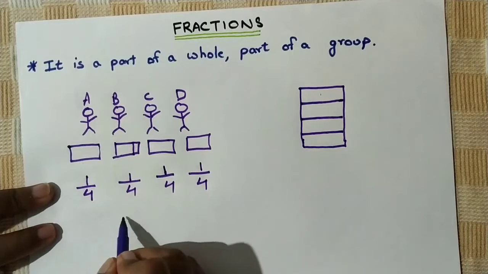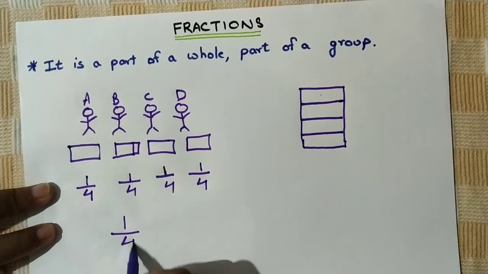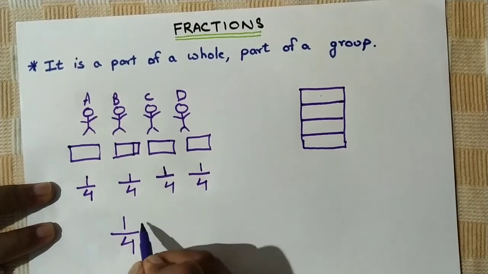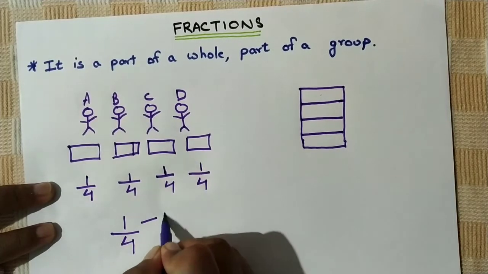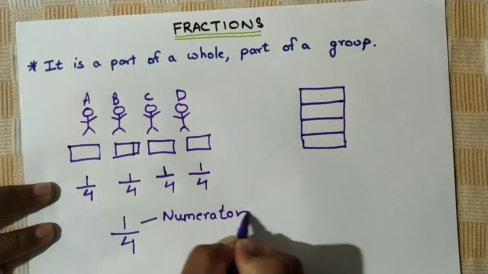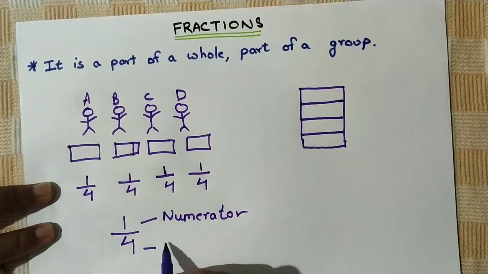So this number is known as a fraction. The upper number is known as the numerator and the lower number is known as the denominator.